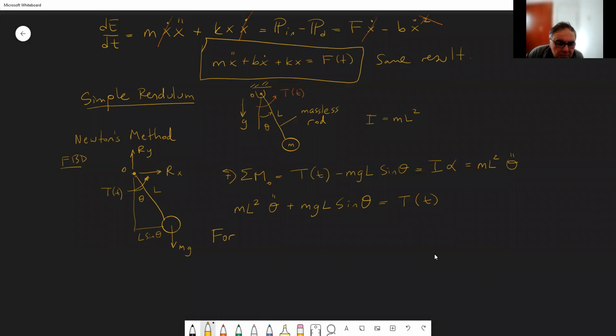So for small theta, we can say that sine theta is approximately equal to theta. But theta should be in radians. That's important. Okay.